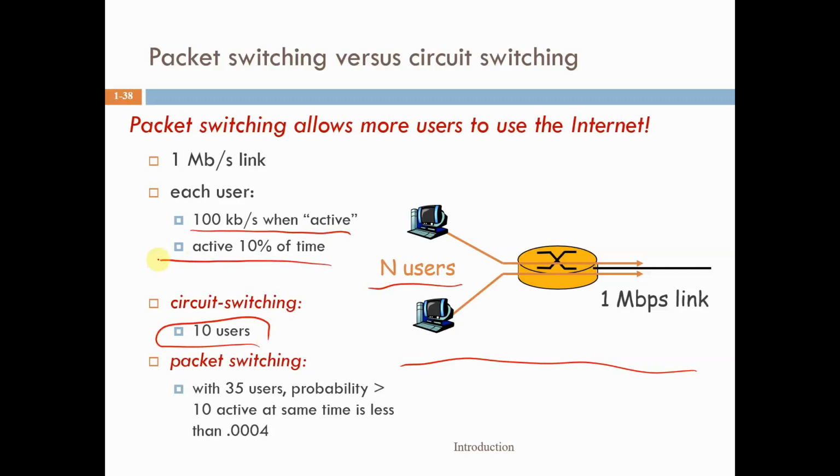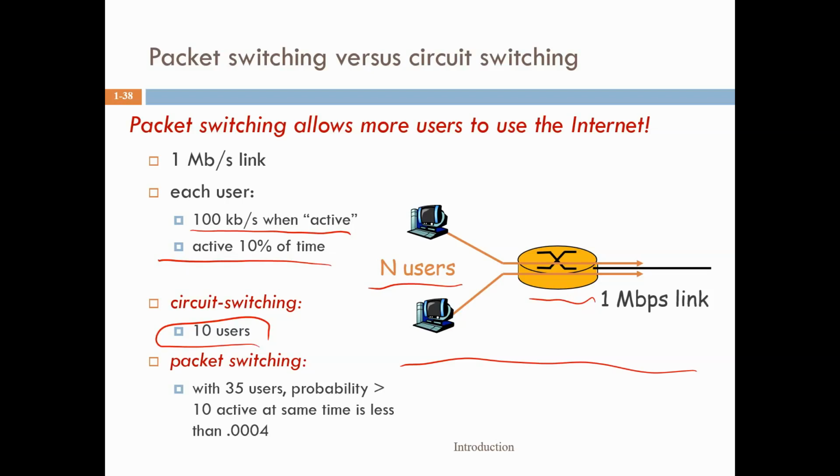Even if the users are active only 10% of the time, in circuit switching, it doesn't actually make a difference because the resources of the router are going to be shared evenly among the n users for the entire time until one of them releases the resources. And so it makes no difference whether the users are silent some of the time or they are active 100% of the time. In circuit switching, you can only support 10 users.